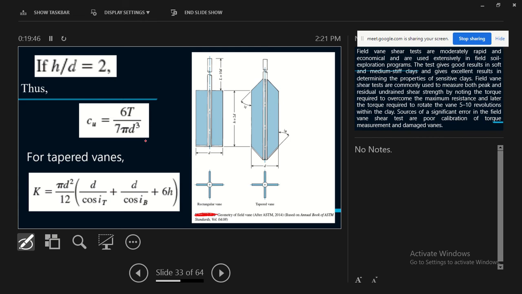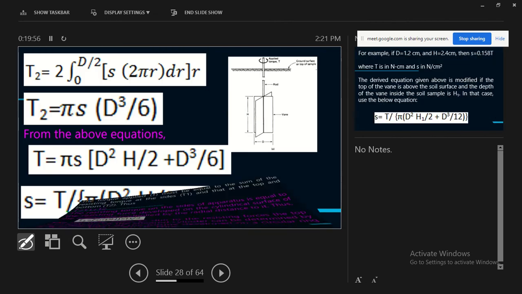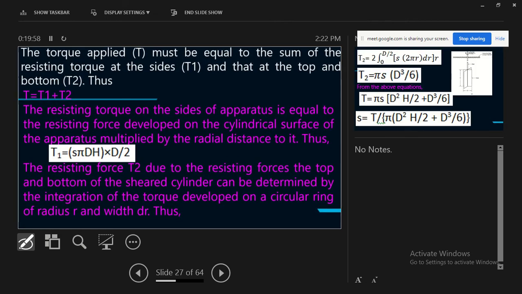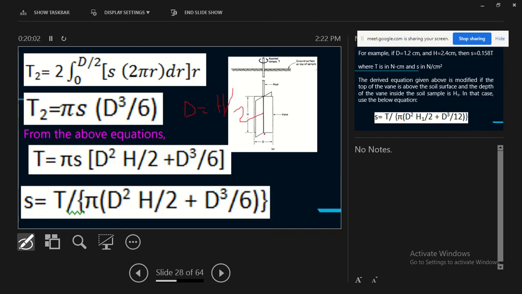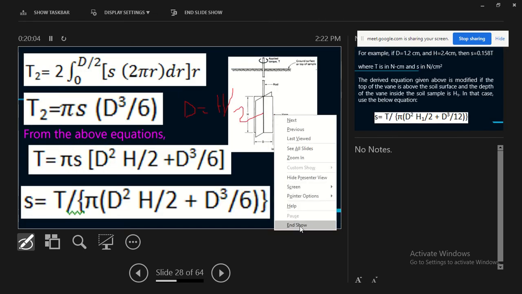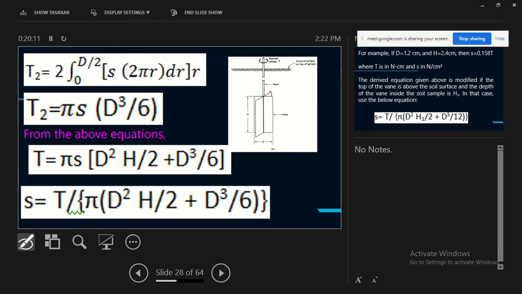So because I'm here, I have to say this. This one, for the one we are talking about, is simple. Okay, there's a photo here. You can see the vanes are straight and straightforward.